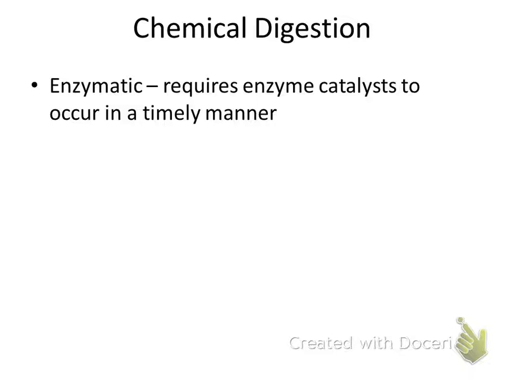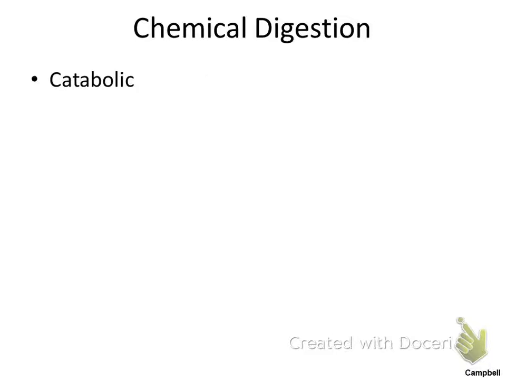We're going to need some enzymes to help us break up these molecules, right, that are the food. We could also classify the reactions that happen here as being catabolic. Do you guys know what that means? That literally means metabolism that breaks things down. What's the opposite of catabolism?